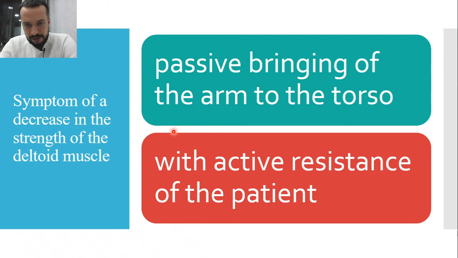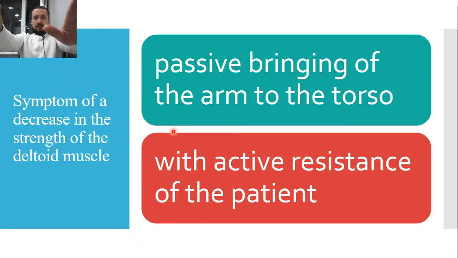An attempt to passively bring the arm to the trunk, with active resistance of the patient, on the side of the lesion is easily possible, on the healthy side not. For example, take these arms, and the patient does a pushing down, and you try to push up.